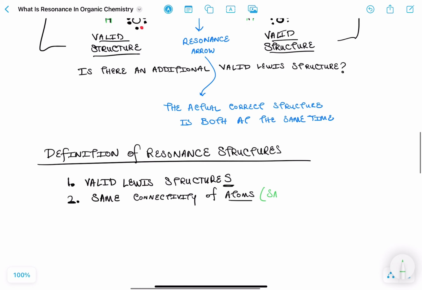So we'll say the same backbone in all resonance structures. Okay.